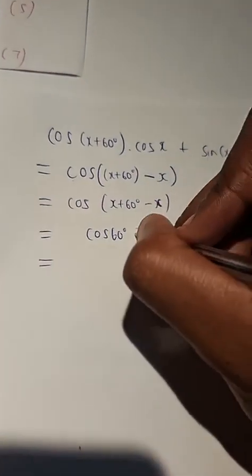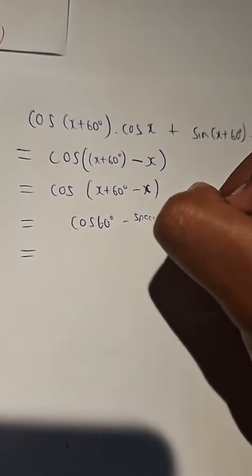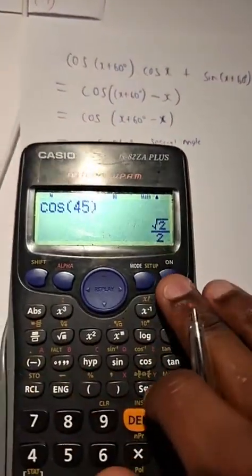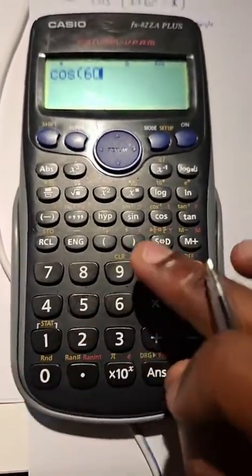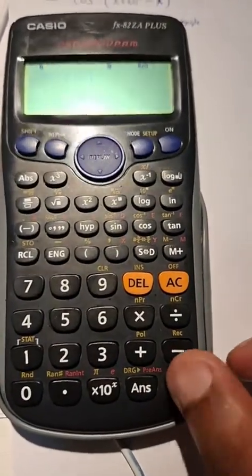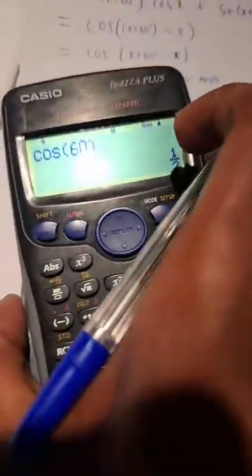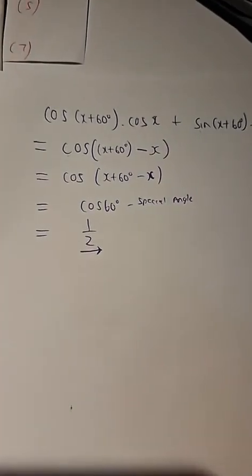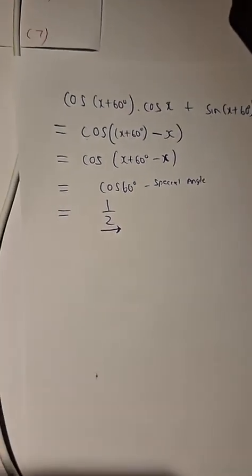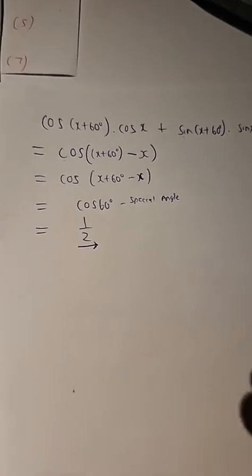So we have cos of 60 alone, and then of course, what is this? This is a special angle. So since it's a special angle, what do we do? We take our trusted calculator, we just type in cos of 60, equal, it's a half. And that's done.